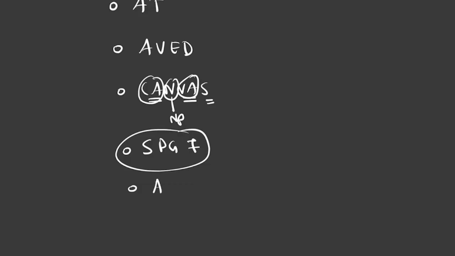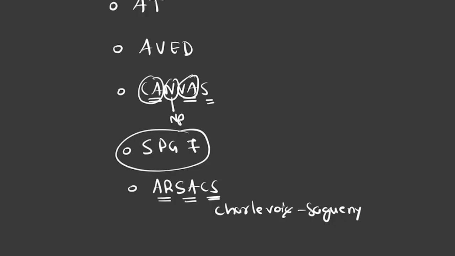Next we have ARSACS. ARSACS stands for autosomal recessive spastic ataxia of Charlevoix-Saguenay.